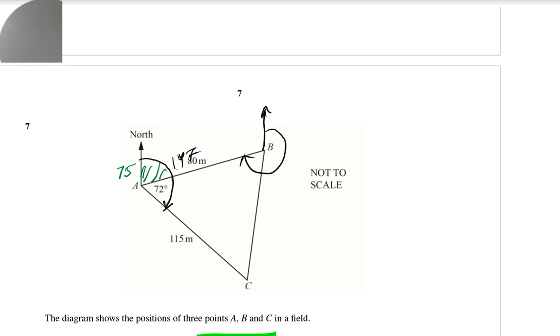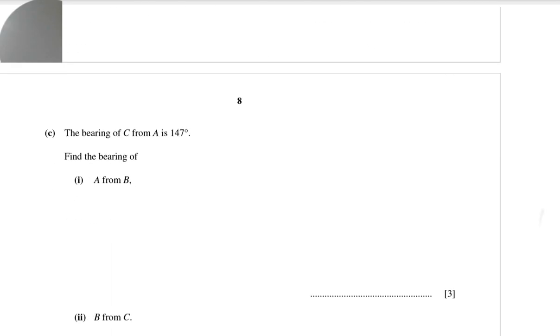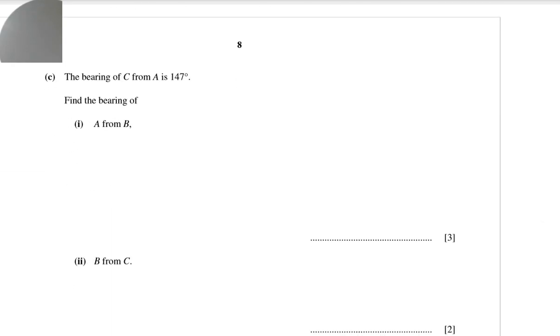Since we have the bearing of B from A, that is 75, so by extending the line, this will also be 75. Straight line is 180. So we will simply add 180 and 75. That gives 255.